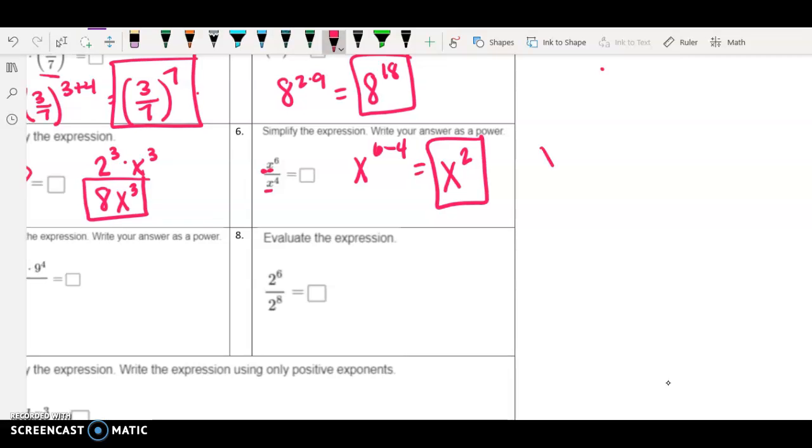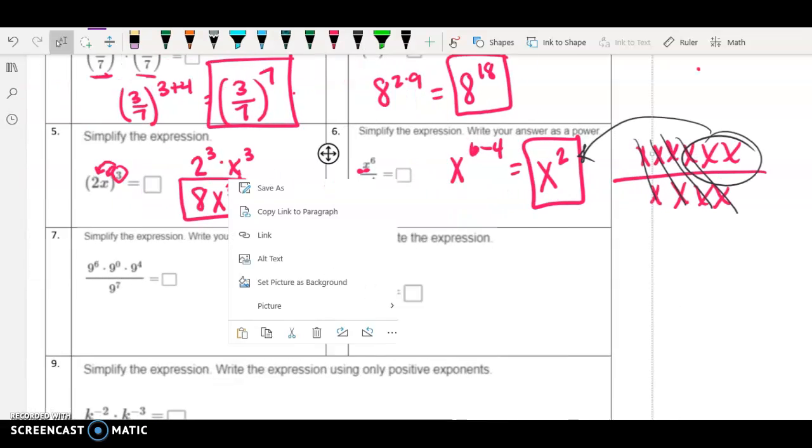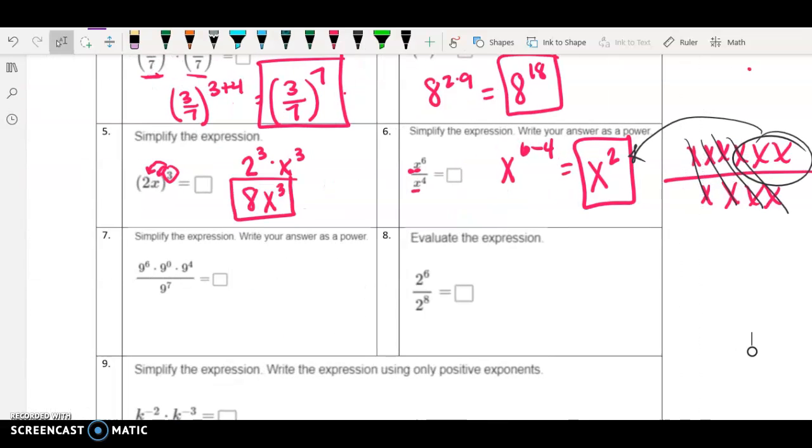Because remember, this is like having 6 x's on top, 4 on the bottom, and then we cancel out 4 of them, and we have 2 left over on top, and that's where we get that exponent, that 2.